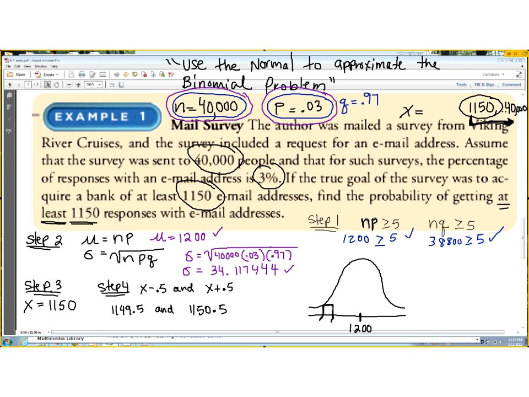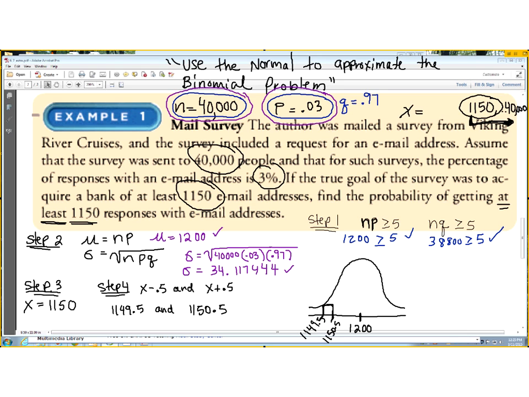So the strip starts and ends at those two numbers. So I can go ahead and label them down here. I'm going to try to see if I can write a little slanted on this. So 1,149.5 and then 1,150.5. Okay, the numbers don't fit there, so I'm trying to slant them.